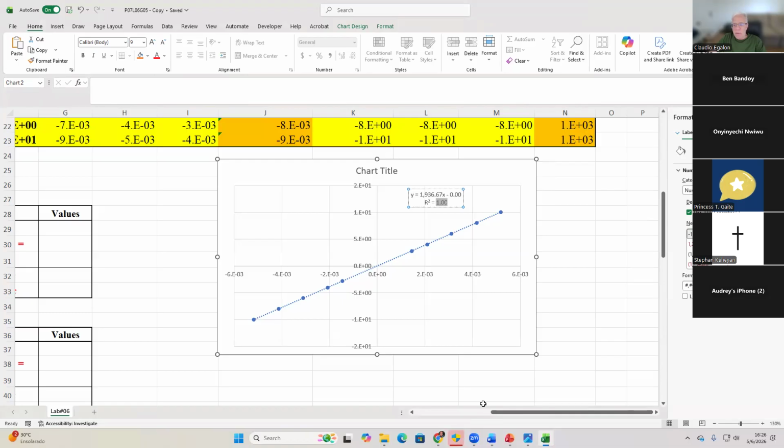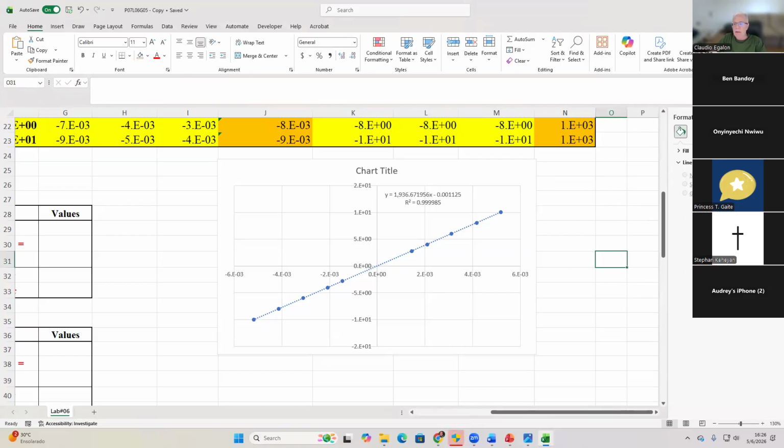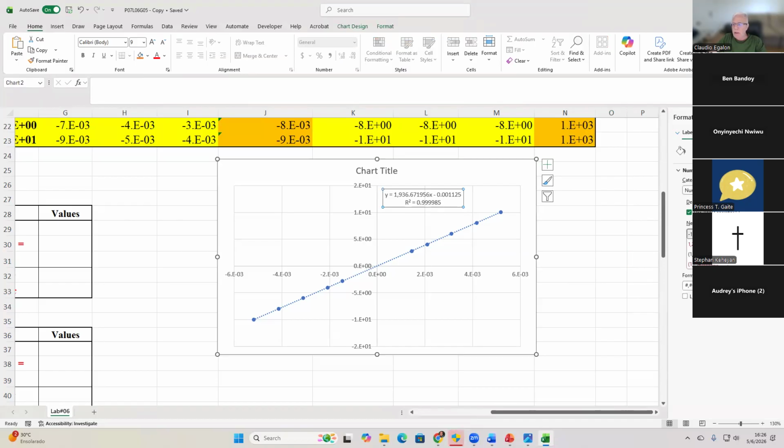Maybe yours is going to be like that as well. What do you do? You increase the number of decimal places. Let's see if with 6 decimal places we get a number different from 1. Yeah, in my case, if I increase it to 6 decimal places, I get a number different from 1. It's just a matter of increasing the number of decimal places, okay? That goes for everybody else.